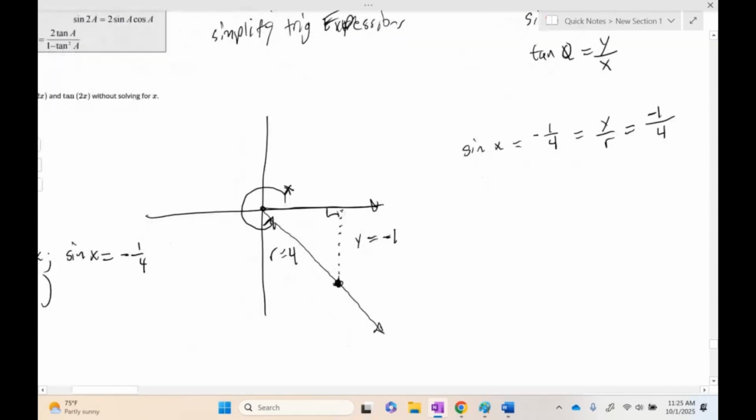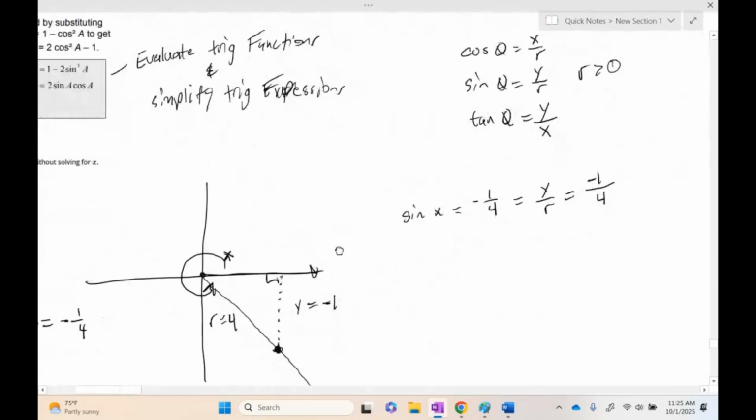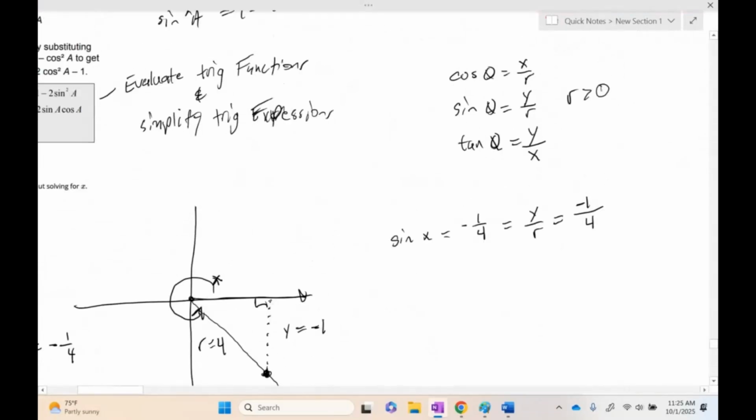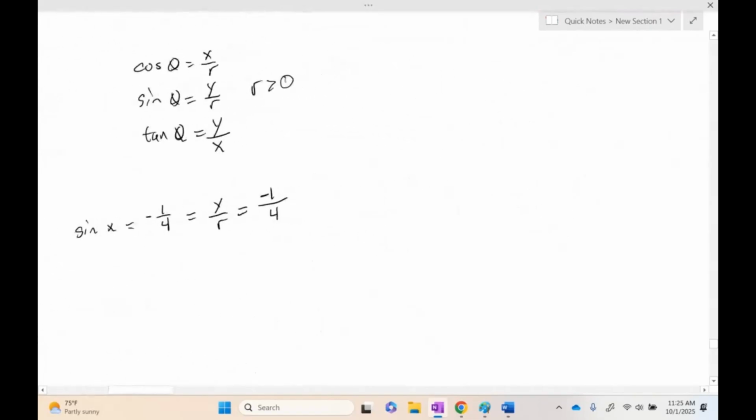So, excuse me, in order to find the cosine value, we need x over r. Remember, there were some Pythagorean formulas. R is equal to the square root of x squared plus y squared. You would use that if you wanted to find r. X is equal to the square root of r squared minus y squared, and you would use that to find x.